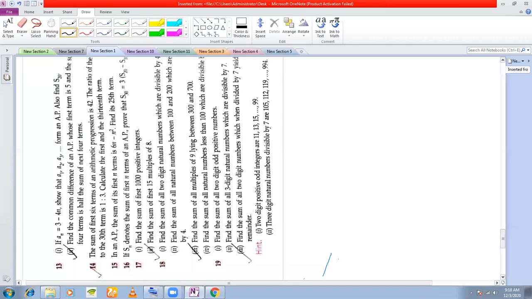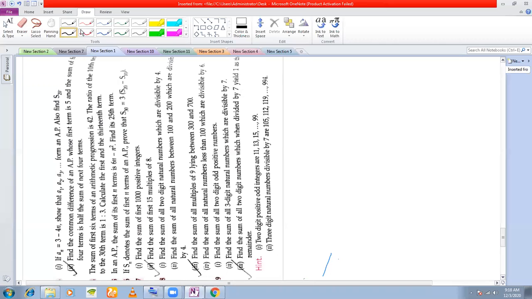Find the sum of the first 15 multiples of 8. Now, what do you mean by 15 multiples of 8? First 15 multiples. What are the first 15 multiples of 8? The table of 8 till 8 into 15. So this is 17(2).